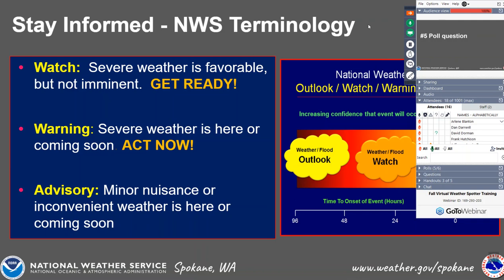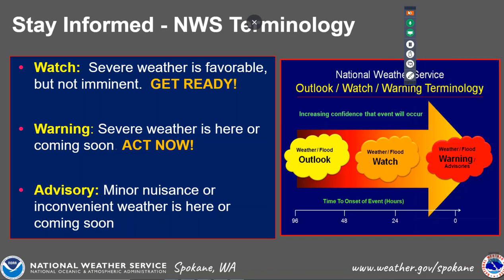So moving on to terminology. You'll hear us say a watch, a warning, an advisory. So what do those mean? A watch means basically get ready. The weather we're forecasting is favorable, but not necessarily imminent.